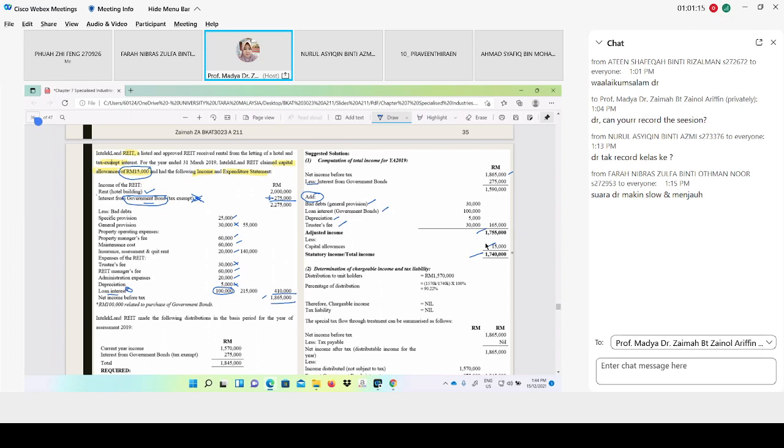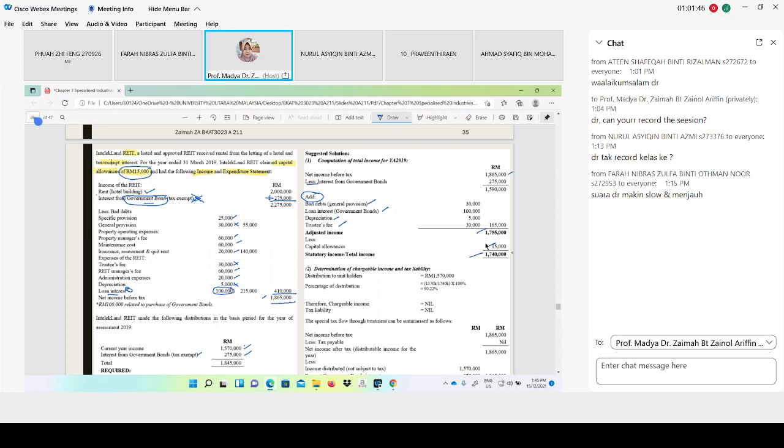Okay, and then you have information here where REIT made the following distribution in the basis period for the year of assessment. So in the current year, REIT distribute 1.57 million. Okay, that is from the current year income, where 275,000 from the interest from government bond, which is tax exempt.